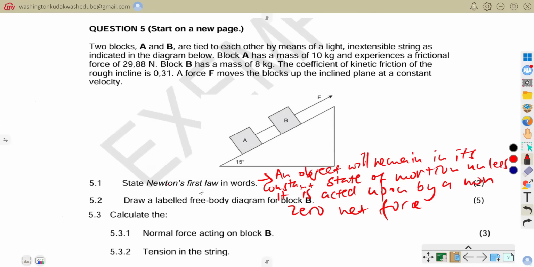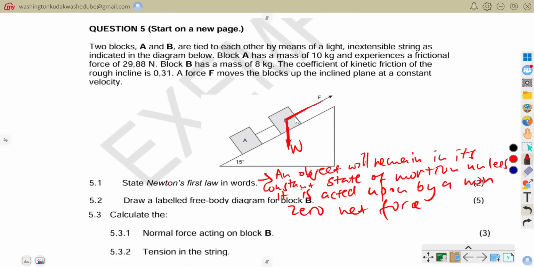Now they're saying draw a labeled free body diagram of block B. So on block B, we are going to have the weight of block B, and we are now having this force, the applied force. Since the object would go in that motion, this side would be having what? Tension on that string, and we are also going to have what?